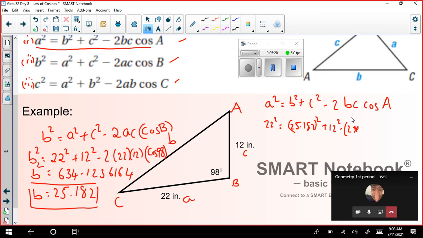I will just put 2bc cos A. b is 25.18, 2, c was 12, times cos A.